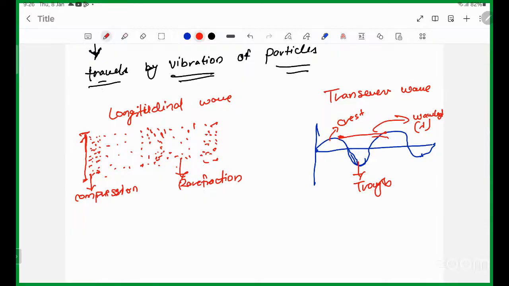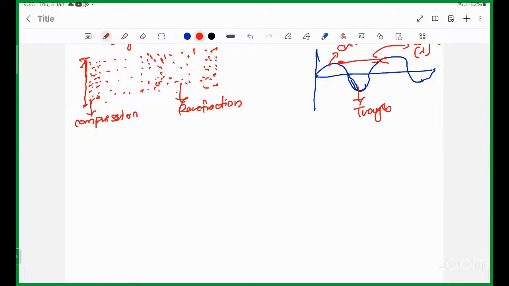A few concepts of sound waves, like frequency.